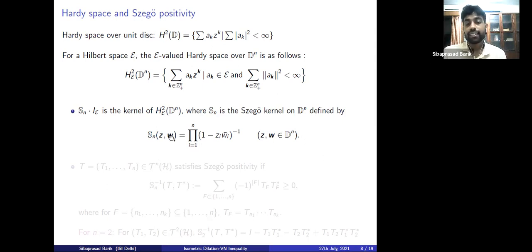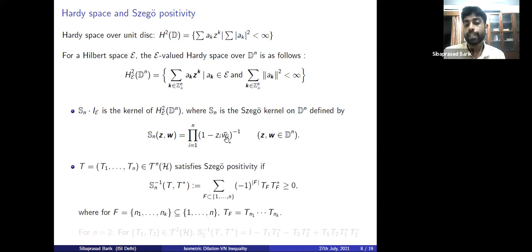And taking the inverse of this kernel, we have the polynomial product of (1 minus z_i w_i bar), and in that polynomial replacing z_i by T_i and w_i bar by T_i star, we have this expression for a tuple T1, T2, up to Tn.